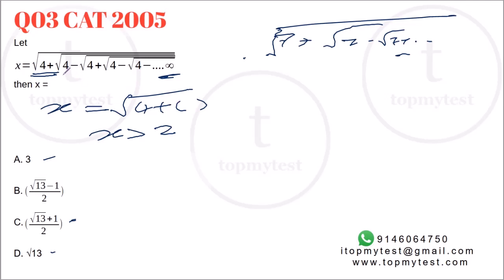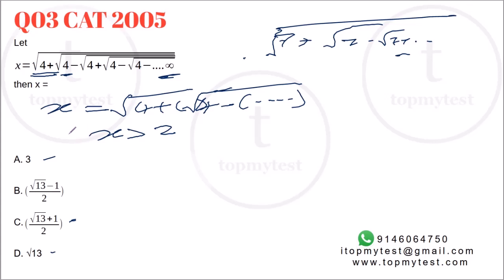Okay, let's try one more term. If I take the second term, this will be square root of 4 minus some positive number, which means the second root, root 4 is 2, and 4 minus some positive number will give a value which is less than 2.